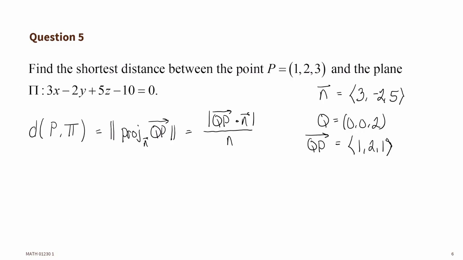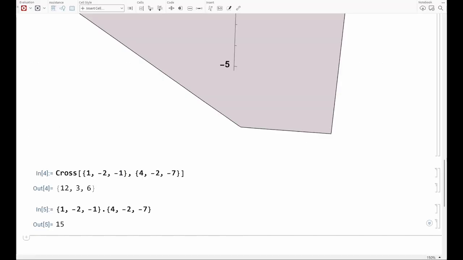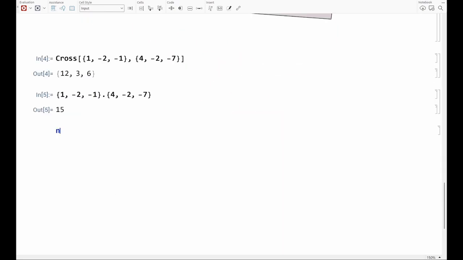I think I will just use Mathematica here, just to show it off. And define my normal vector. We said it was 3, negative 2, 5? I'm going to define V to be the point QP, or the line segment QP.